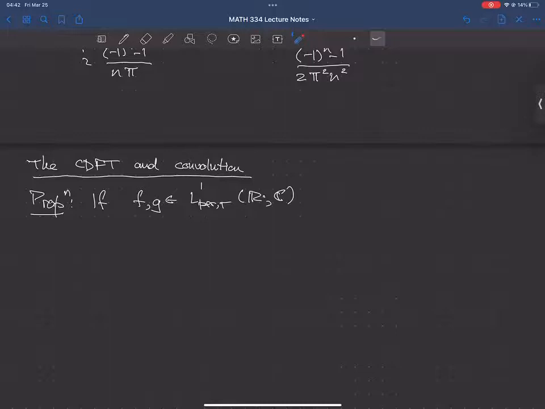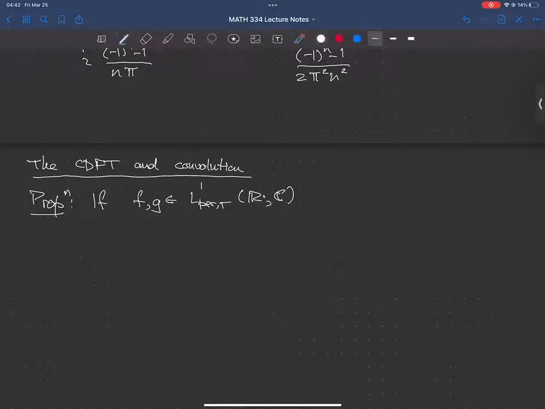Moreover, the periodic convolution is also in L1. That's a very nice relationship for transforms, given that L1 is kind of the natural domain of the CDFT, and for all of our other transforms too.